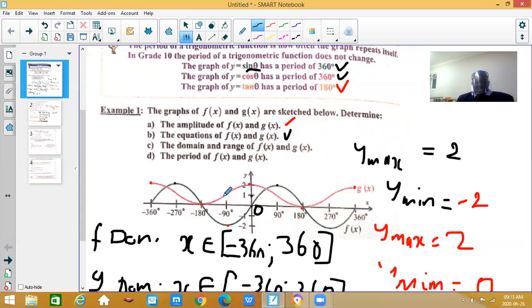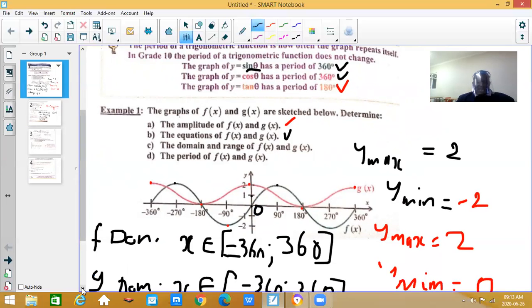What is the range? So for f(x), like we did when we were finding amplitude, once you are able to identify the maximum and the minimum, automatically the range is a matter of application. We are simply saying the maximum is 2 and the minimum is minus 2.